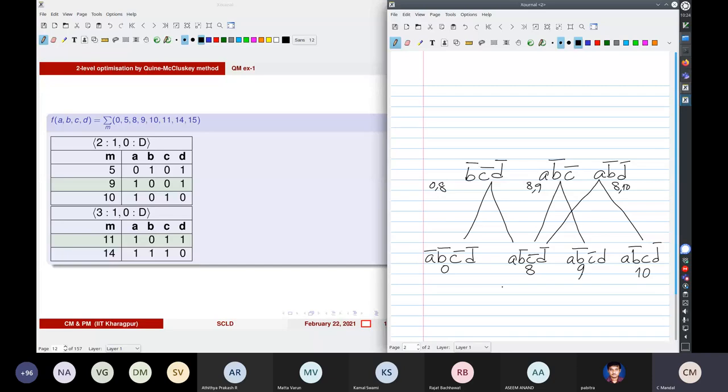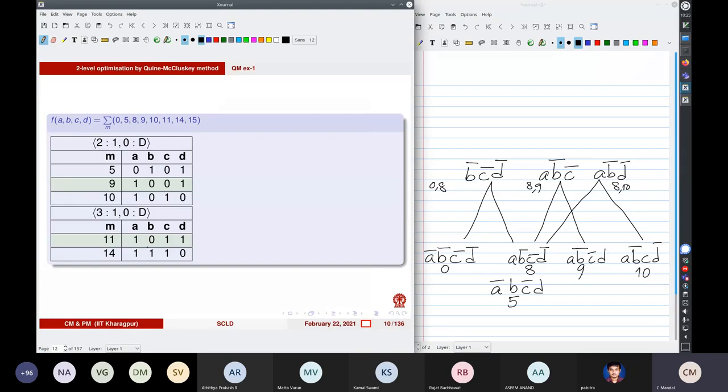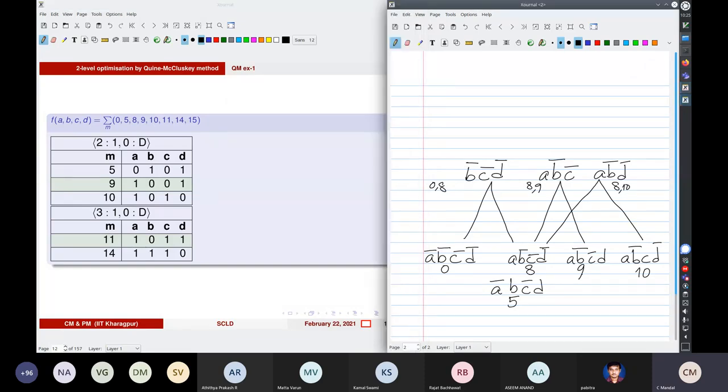This is A bar, B, C bar, D. This is 5. We have not been able to combine it with anything. Now we already got 9 here. 9 and 11 are adjacent.